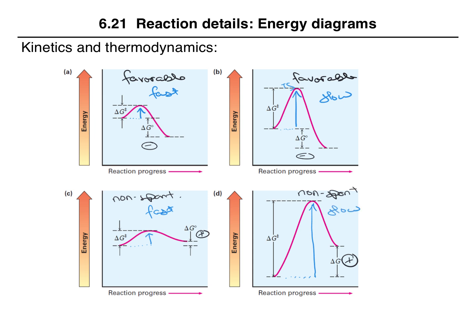So I want you to be aware, here we're just talking about single-step reactions, but we have many possibilities. We could have a reaction that is fast and favorable. We could have a reaction that is slow and favorable. We could have a reaction that is fast and unfavorable, or a reaction that is slow and unfavorable.